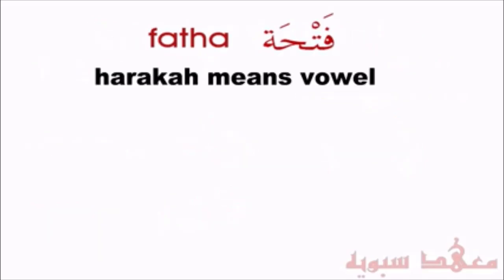So we have the first harakat, which is fatha. Now, for example, when we say the word cat, notice the a sound. It's a sound. Cat. That's the same sound of a fatha.